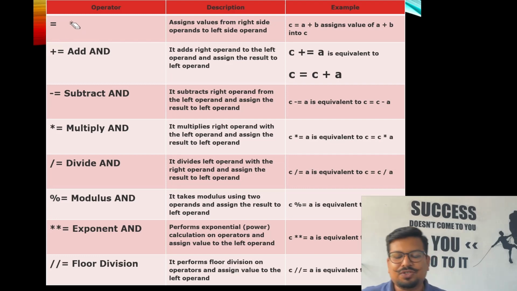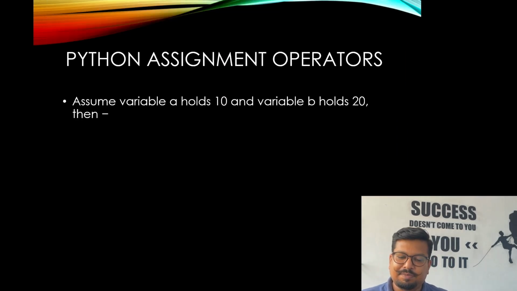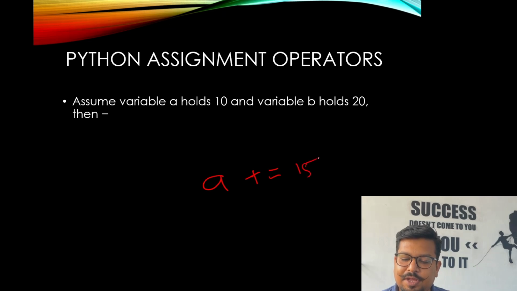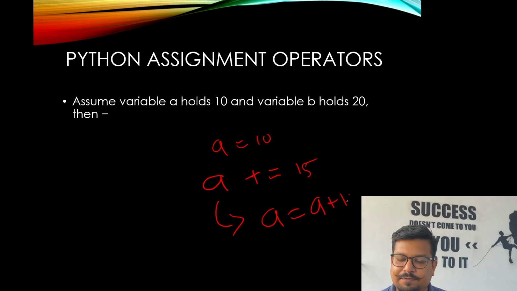Okay, so let's consider one simple example where the value of A is 10. I want to add 15 to A. So what I can do is write A plus equal to 15. The value of A was 10 already, and now if I do it like this, in short the meaning of this is A equal to A plus 15.